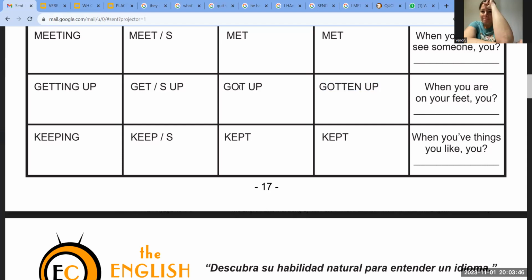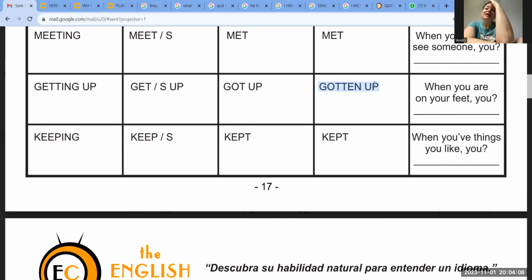The T is quite pronounced, right? Got up and gotten up suena como si estuviéramos haciendo como una R en lugar de una T, right? I don't know if that is your question. ¿Esa sería la pregunta? Sí, la diferencia de pronunciación.